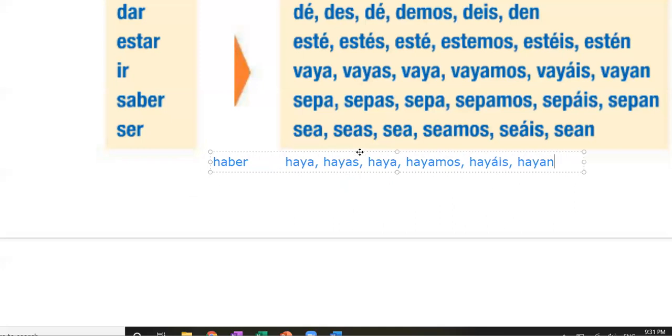Now, speaking of this verb, we also have the conjugation hay for there is or there are. There's only one conjugation, hay, there is, there are, coming from the verb haber. Now, it's a real special verb, kind of on its own, but there is a subjunctive equivalent that you should be aware of, and it's also haya, just like this form here and this form here.